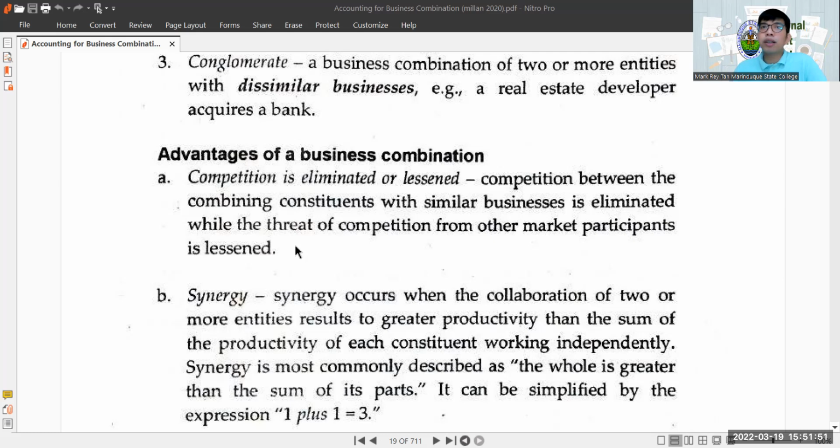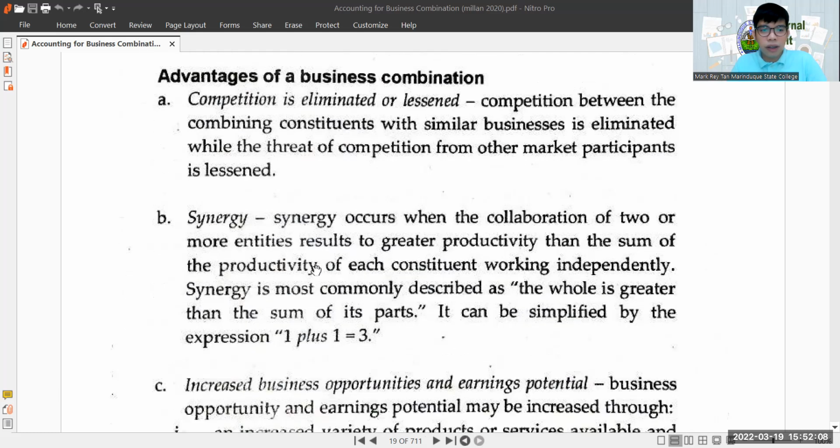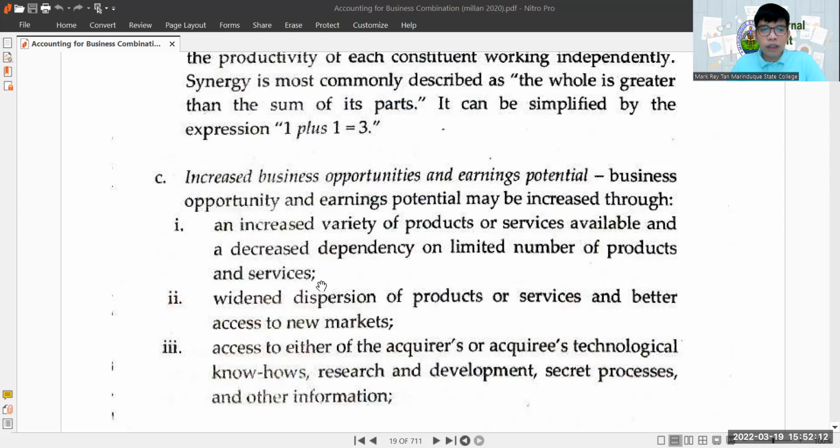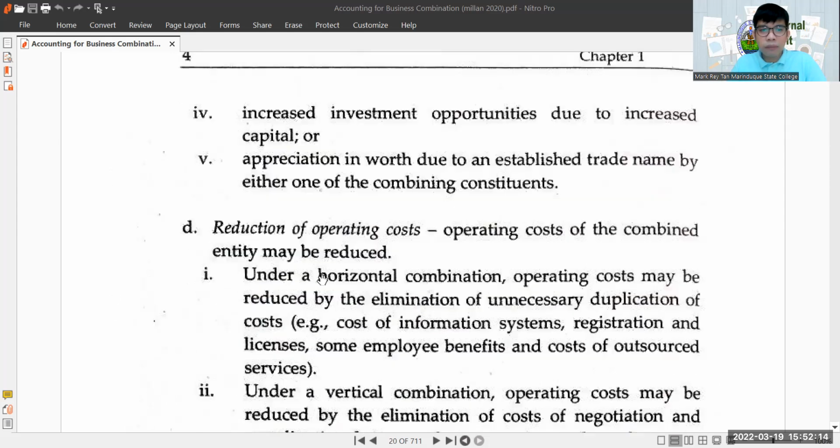Pero sa point of view ng business, binili ni Jollibee si Inasal tsaka si Chowking. So kahit saan ka kumain sa tatlo, sa kanila lahat yun. So ganun yung dating, competition is eliminated. Marami pa rin examples dito, pero I leave this case for your readings.